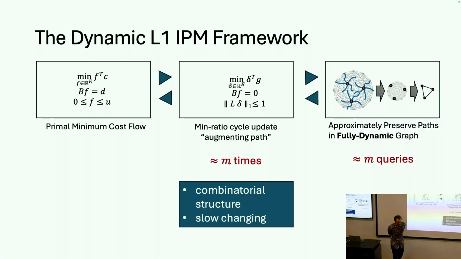So the feasible solutions inside an L1 box is just you take the residual capacity on an edge and you symmetrize it by saying take the lower capacity of whichever direction you could go.